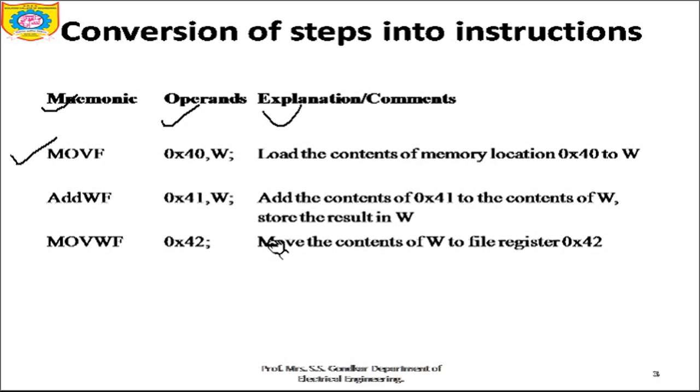Then the second instruction is ADDWF. A is equal to 0 by default according to the format. This 41h is the location coming from the access bank, so the actual location is 0x041. The result goes to W if d is equal to 0, and to the file register if d is equal to 1.